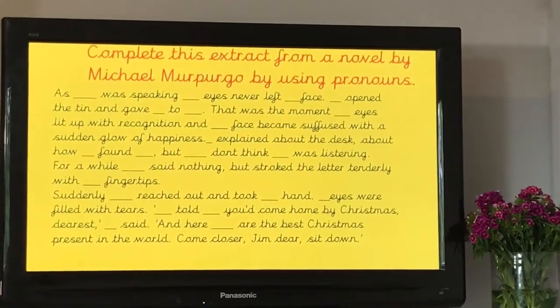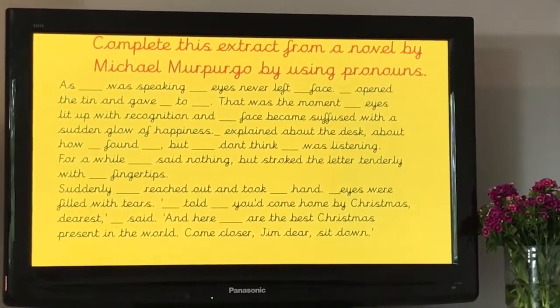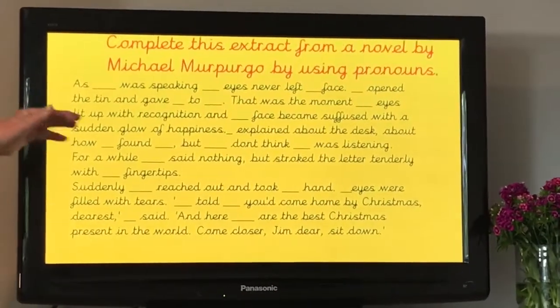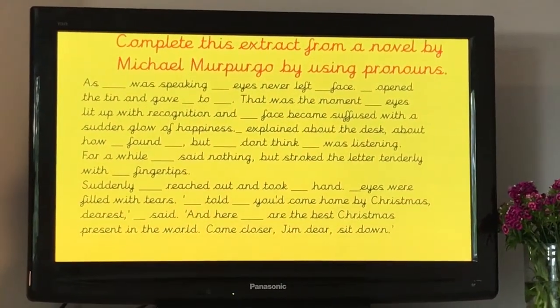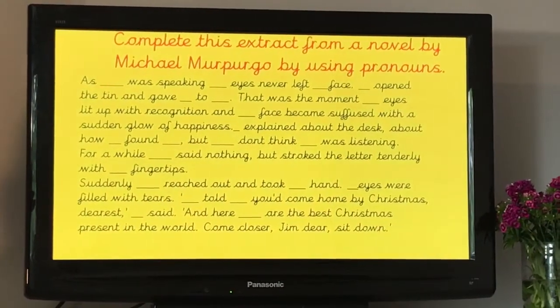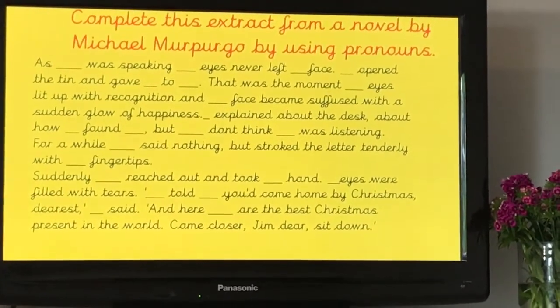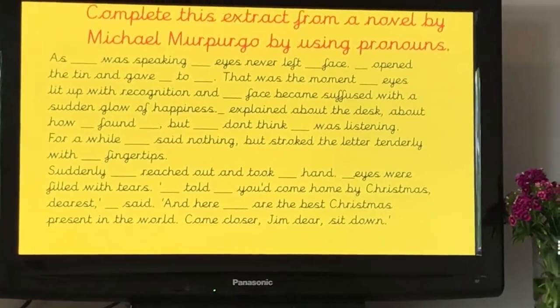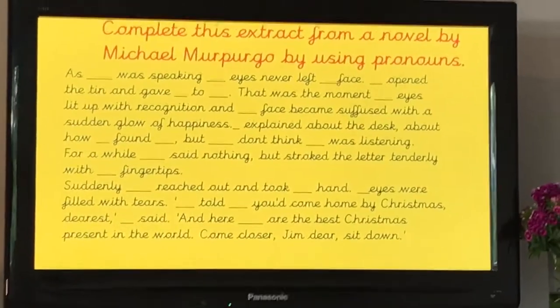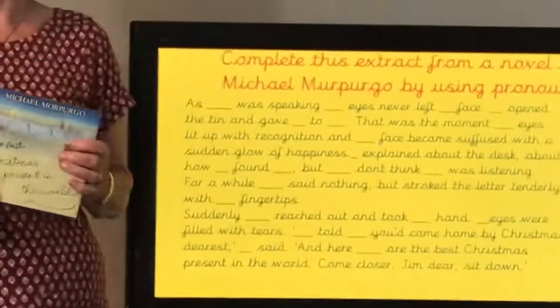For a while she said nothing but stroked the letter tenderly with her fingertips. Suddenly she reached out and took his hand. Her eyes were filled with tears. She told him, "You've come home by Christmas, dearest," she said. "And here you are, the best Christmas present in the world. Come closer, Jim. Sit down."